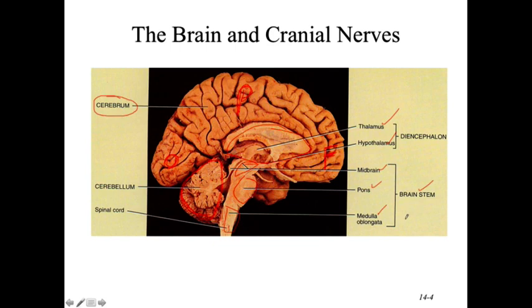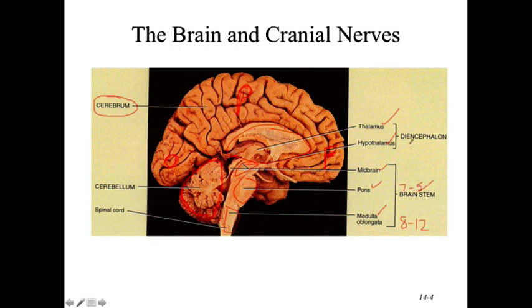So from the medulla, I'm not going to do these in Roman numerals, but you have to know them in Roman numerals. I am going to just draw them out this way. So in the medulla is where we will find cranial nerves 8, 9, 10, 11, 12. And in the pons, we'll find 7 through 5.